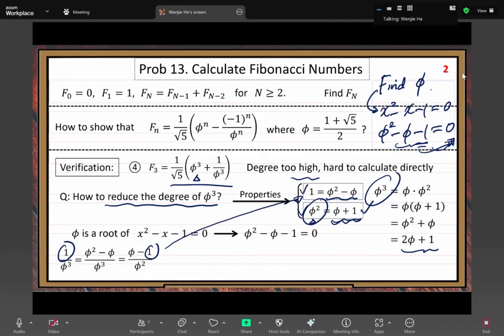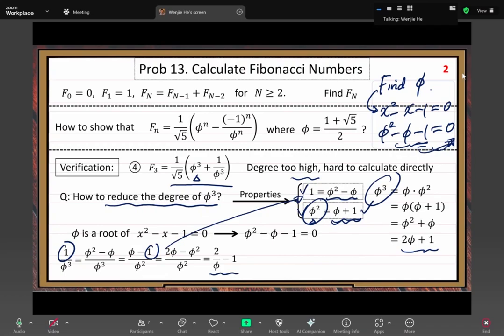This time you can replace that 1 by another round, phi squared minus phi. Because after simplification, they have a common factor another time. This time after simplification, you have 2 over phi minus 1. Now it looks pretty simple.